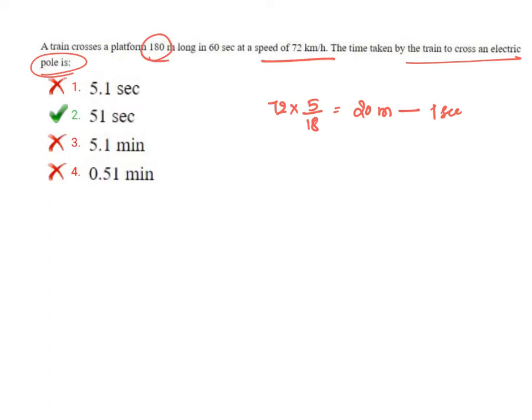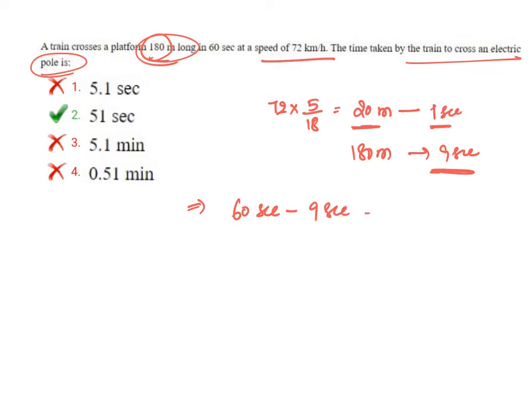To cross 20 meters, it takes 1 second, so 180 meters takes 9 seconds. Therefore, without the platform, if it has to cross itself, 60 seconds minus the 9 seconds needed to cross only the platform. So the train crosses itself in 51 seconds. If you want the length of the train, then you need to multiply this 51 with that speed.